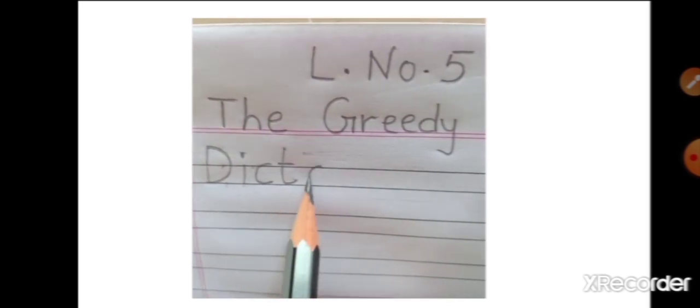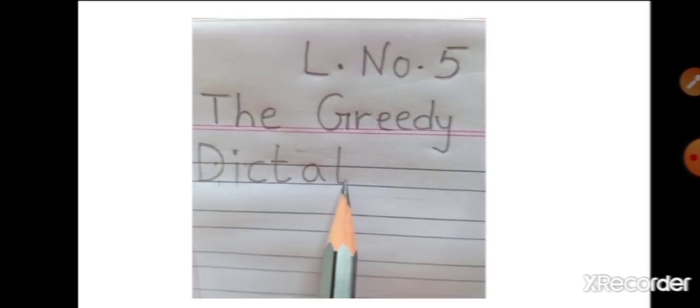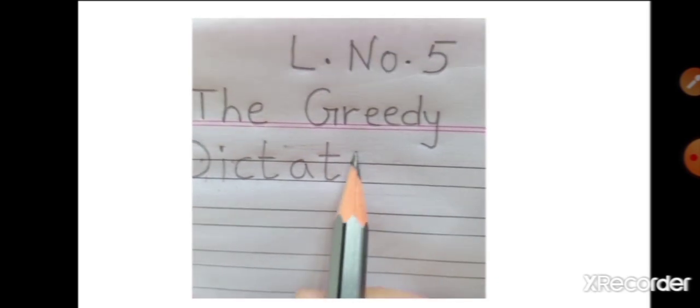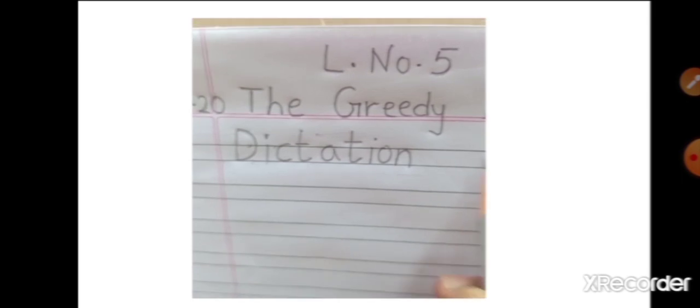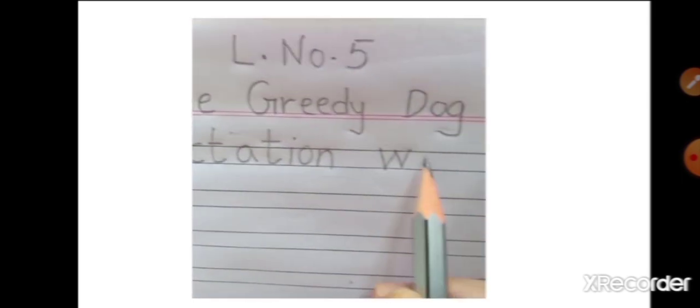T, A, T, I, O, N. Dictation words. W, O, R, D also again you have to start from above the second line. Words.